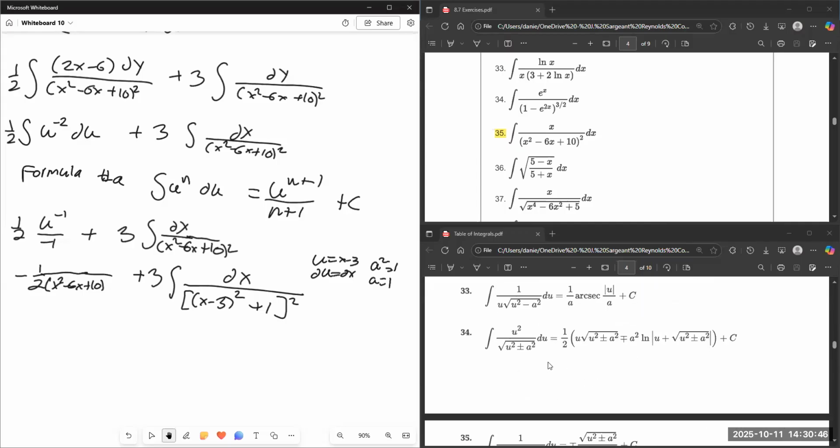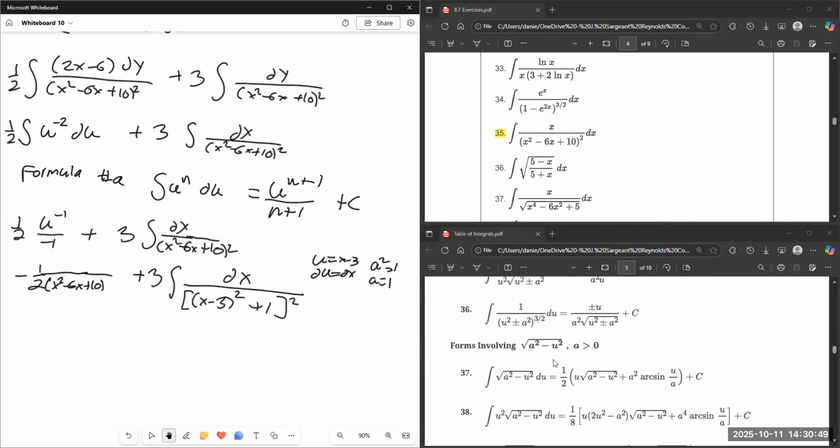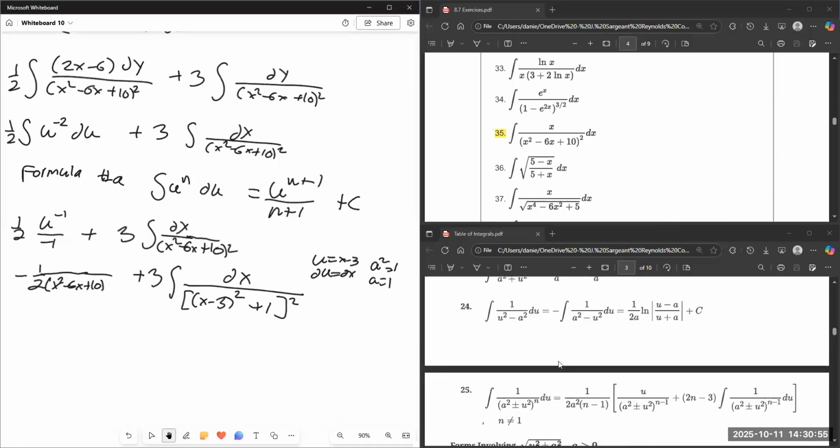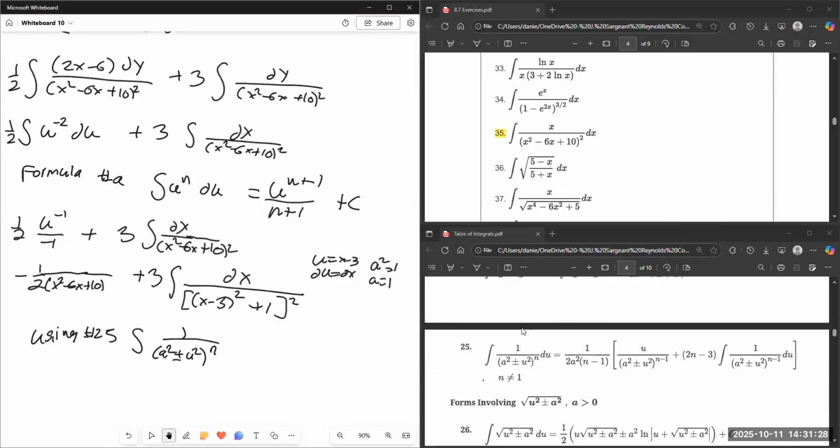U squared plus a squared right here to the n, and then du. So this is using number 25. Integral of 1 over a squared plus or minus u squared to the n. I don't think I have one that's specifically to the second. No, I don't.